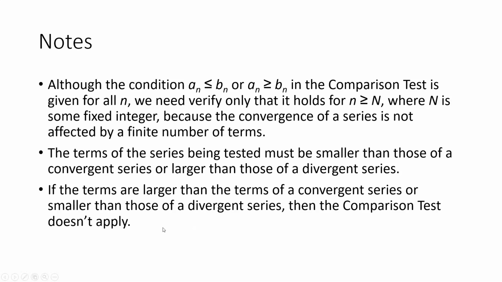But we have another version of the comparison test that will allow us to address those situations. If the series we want to compare it with doesn't satisfy that inequality argument, then we can use the limit comparison test instead, and that will give us the same result in a way that doesn't involve that inequality argument.